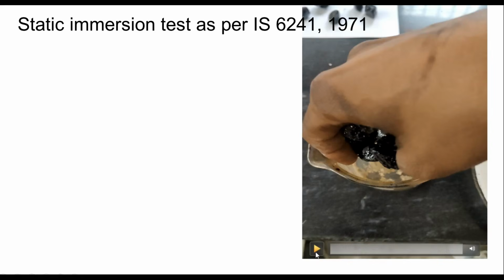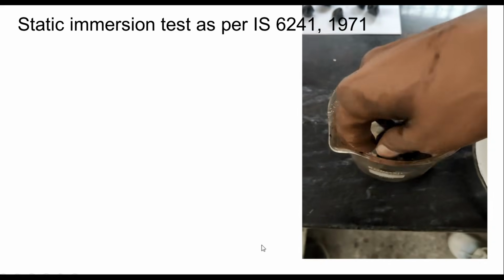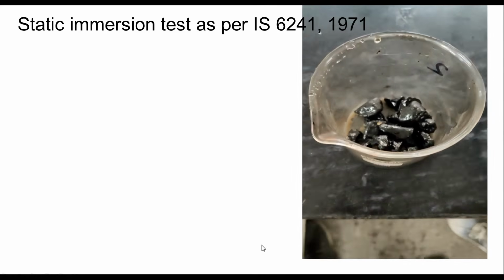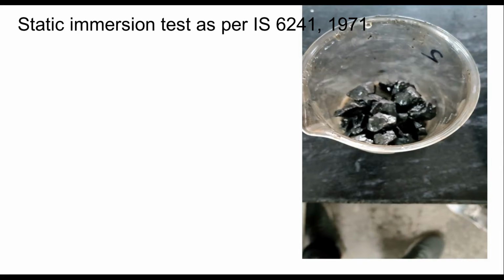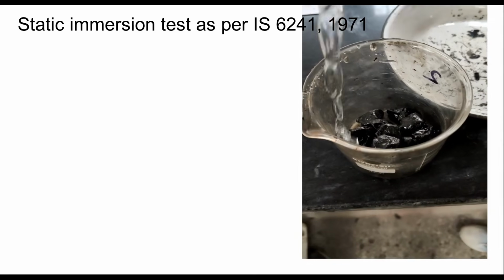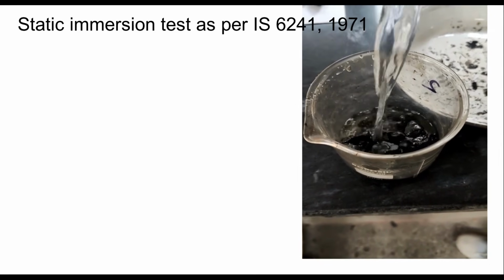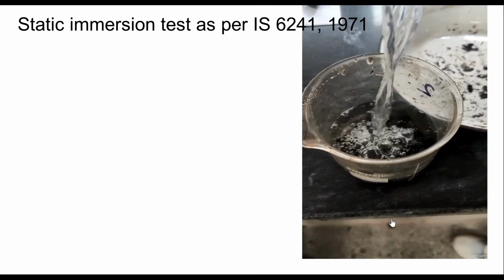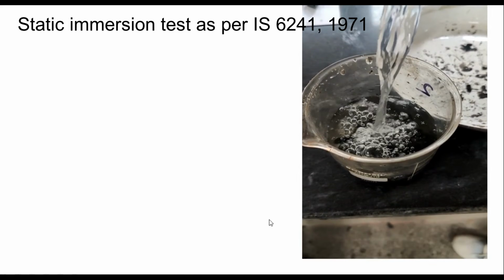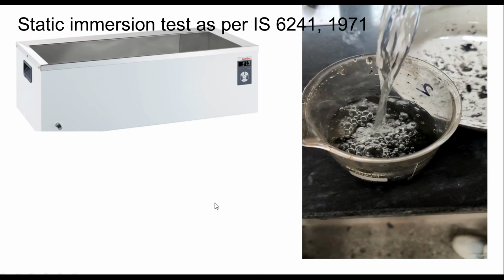Then transfer these aggregates to a 500 ml beaker and fill it with distilled water at least up to the half depth. Cover the beaker and then place it in a water bath maintained at 40 degrees centigrade for 24 hours. Level of water in the water bath should be at least half the height of the beaker.